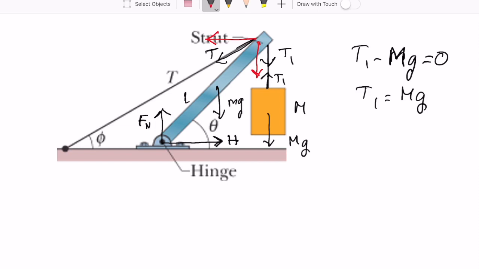Let's be clear about the angles. So phi is 30 degrees and theta is 45 degrees. Clearly this angle will also be 30 degrees. All right, the diagram is rather complicated now, but hopefully it's clear.